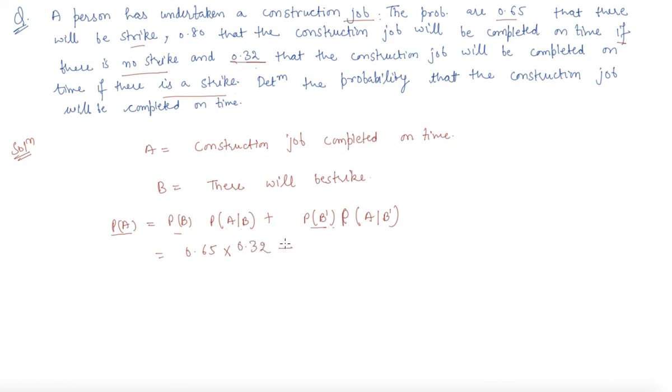So this is 0.32 plus the probability that there will be no strike, which is 1 minus the probability of strike, so 0.35, and the probability of completion of the task when there is no strike is 0.80. Okay, so if you solve it, you will get, students, 0.488. So that is the probability of the construction job being completed on time.